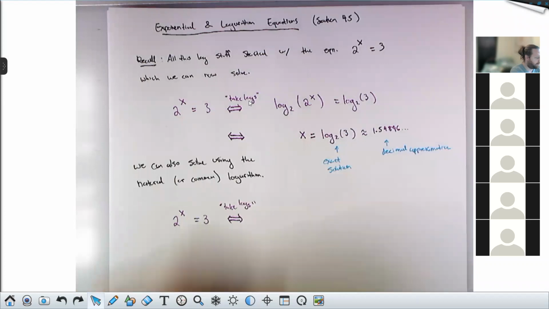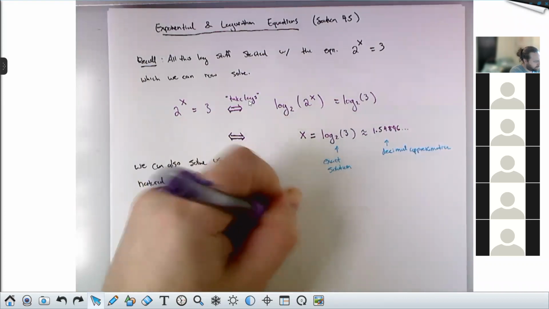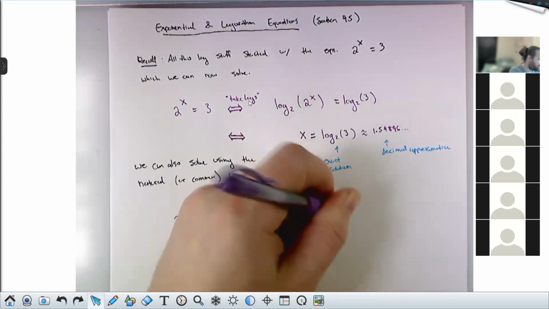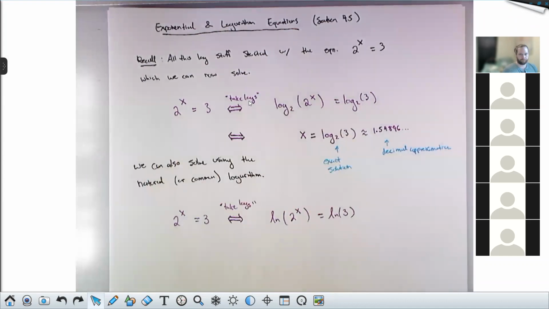And this time I will take the ln of both sides, giving me the ln of 2 to the x equals the ln of 3. And it's true, the left-hand side is not quite as pretty here, right? The ln of 2 to the x is not x. But based on the rules we just learned, what can I do with this x?